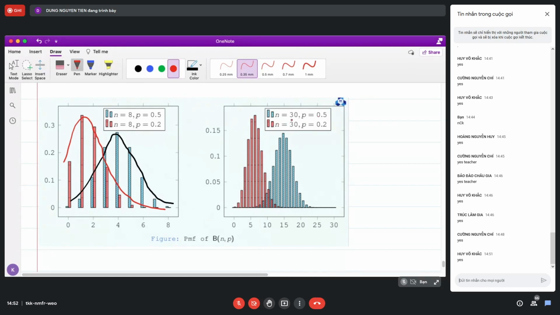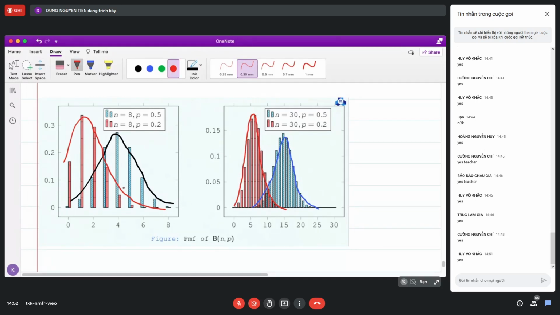And again, if n is 30 and p is 50%, then the distribution is still symmetric, right? If p is 20% and n is 30, then even though it is still skewed, it is a little bit more symmetric.